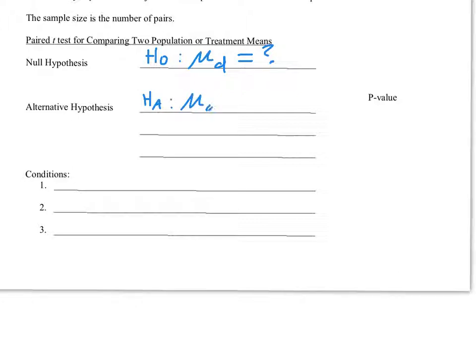Mu for these differences could be greater than the hypothesized value. It could be less than the hypothesized value, or it could be just not equal to.